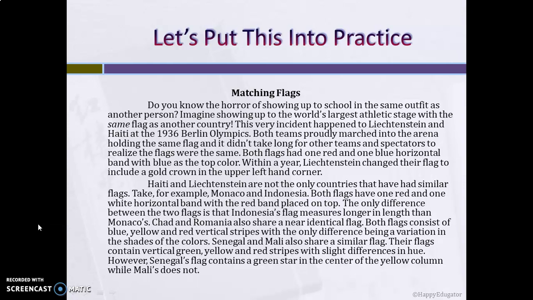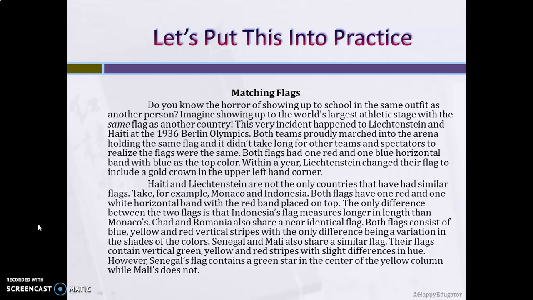Haiti and Liechtenstein are not the only countries that have had similar flags. Take, for example, Monaco and Indonesia. Both flags have one red and one white horizontal band with the red band placed on top. The only difference between the two flags is that Indonesia's flag measures longer in length than Monaco's. Chad and Romania also share a nearly identical flag.